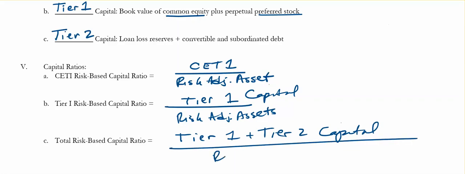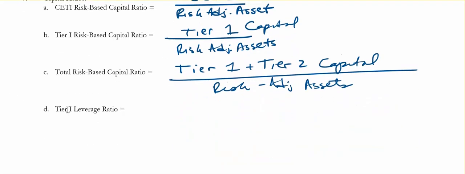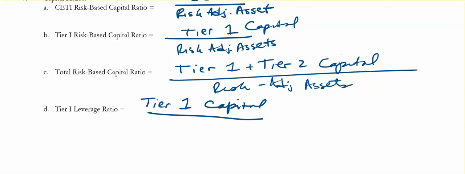Divided by the risk-adjusted assets. And there's one other ratio, and that is the Tier 1 capital divided by basically risk-adjusted assets.